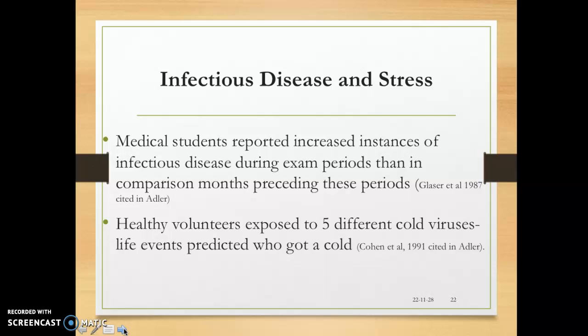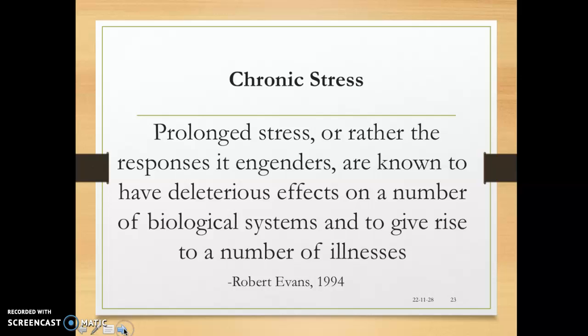So through a variety of effects, stress can actually delay and sometimes prevent acquired immunity, leaving you susceptible to maybe another bout of flu or a cold that you just got over. So chronic stress, this prolonged stress, or rather the response it engenders, is known to have deleterious effects on a number of biological systems and give rise to a number of illnesses.